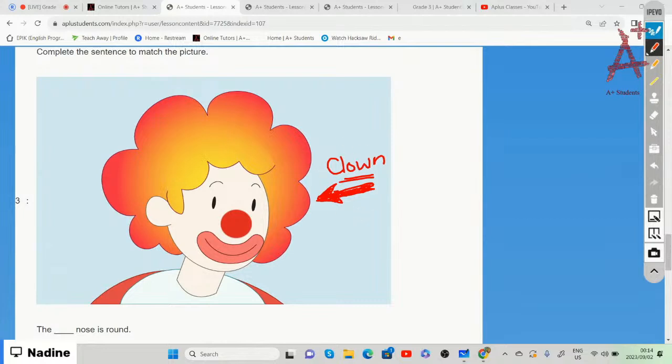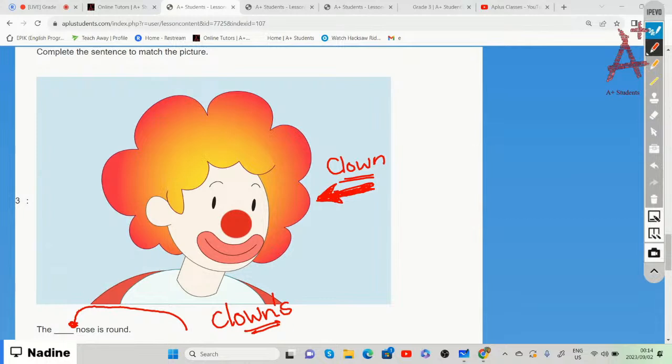So instead of just saying clown, we need to say the clown's apostrophe s. So the clown's nose is red. And there we also have the apostrophe and s. The apostrophe and s. So the clown's nose is red.